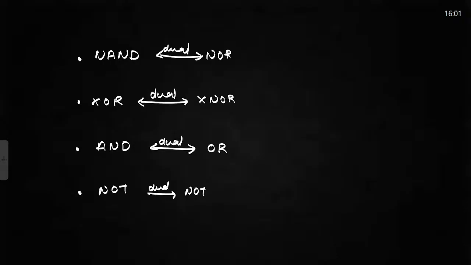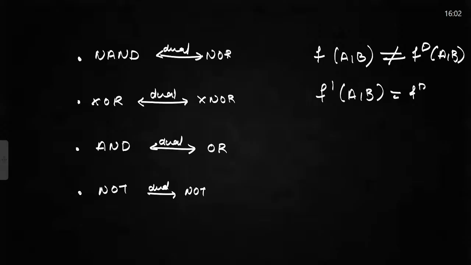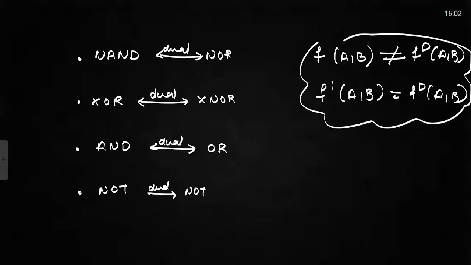So that is the concept. Now let us understand very clearly that f is a function, f of a b is some function. This may not always be equal to fd of a b, the dual function of itself. Sometimes it may be equal to the dual of ab, but every time it will not. And some people will understand f complement of ab is equal to ab. These are possible cases, but every time they are not right.